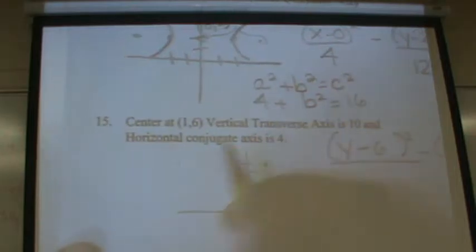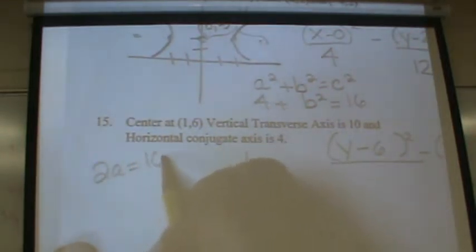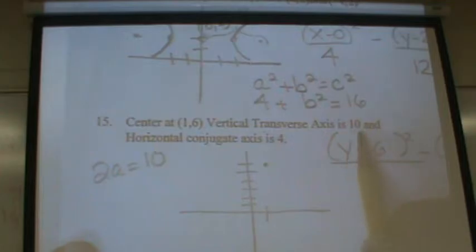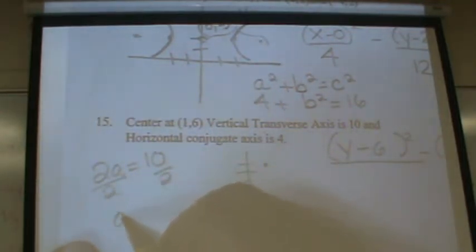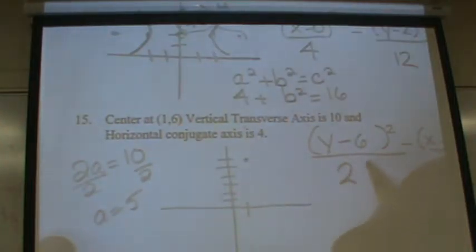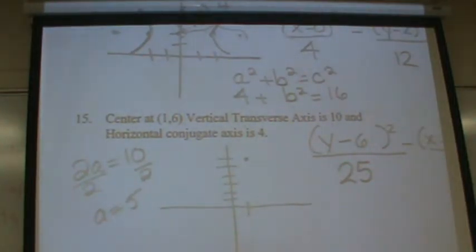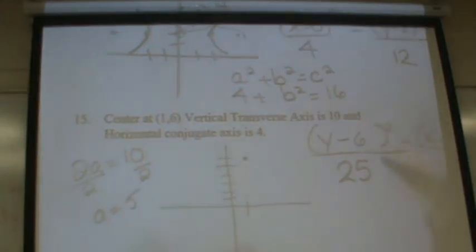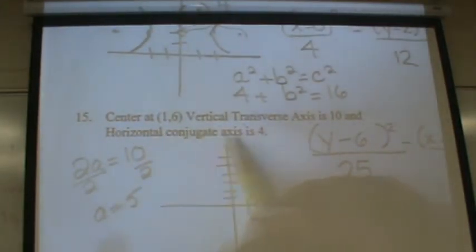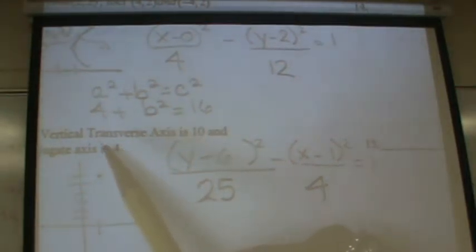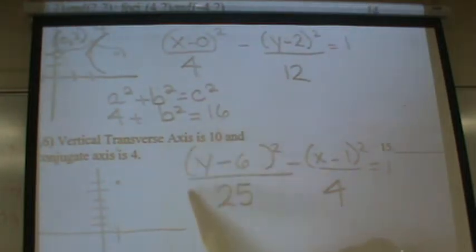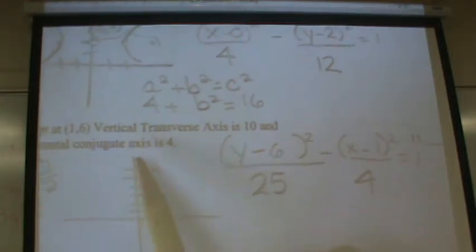If 2a is equal to 10, so your transverse axis is a total of 10 units, half of that is 5. You're going to put 25 underneath the y term. And it's got a conjugate axis of 4. So half of that is 2, and then you square that, you get 4. There's your equation. You have to know the transverse axis is the axis that has the vertices on it.